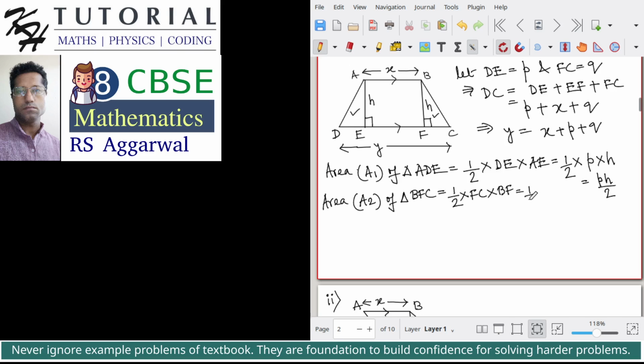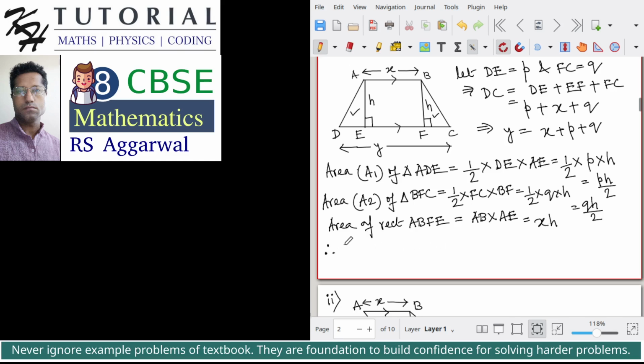This is equal to half into Q into H, and this is equal to QH by 2. And the area of the rectangle ABFE is equal to AB multiplied by AE, which is equal to XH.